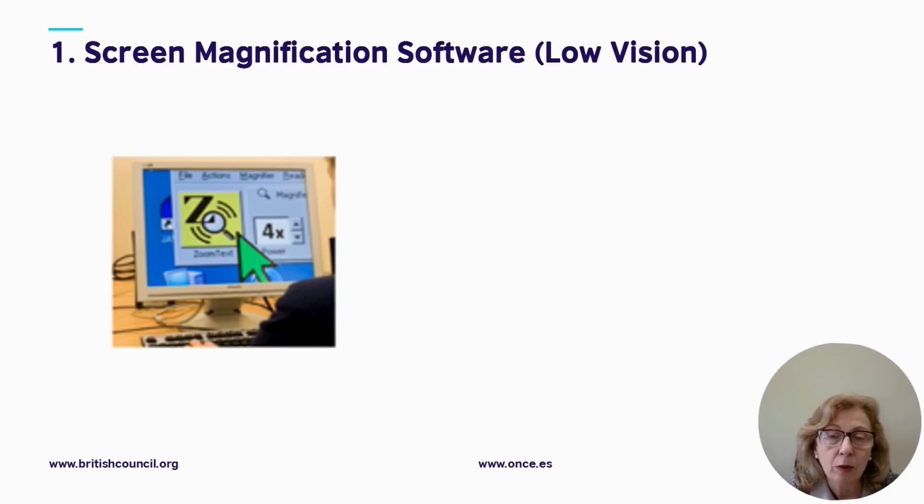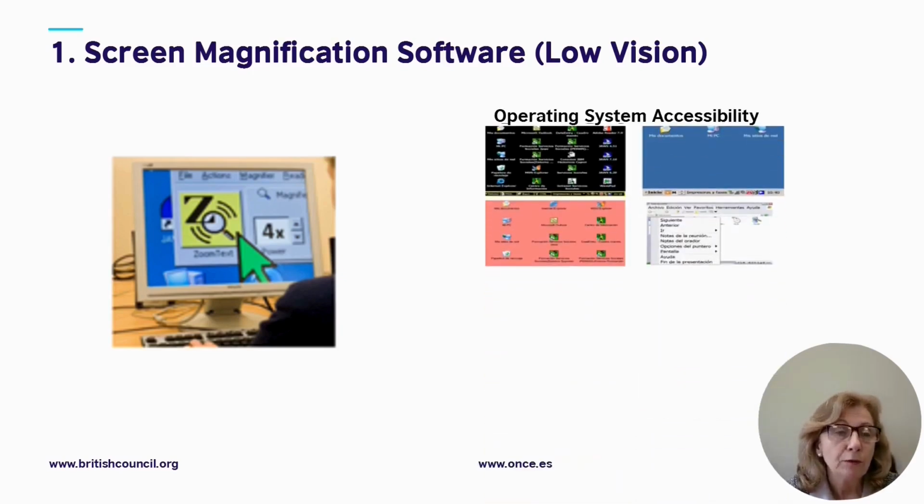So if you have a student that uses screen magnification software, in this case the example is ZoomText, that is the most commonly used in Spain, you will see that they need more time to read, more time to do activities and so on. You can also find students who work with operating system accessibility.